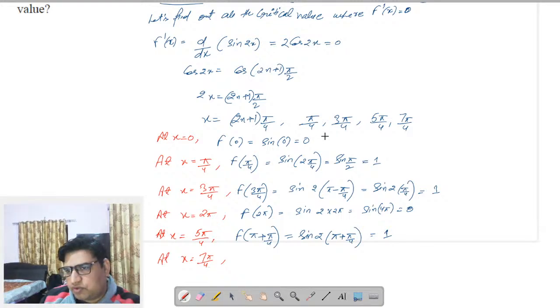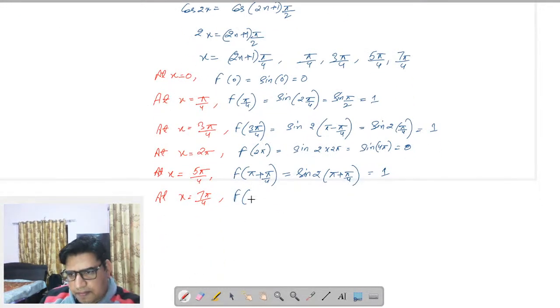Okay, so we have 4 critical points: pi by 4, 3 pi by 4, 5 pi by 4, 7 pi by 4. Okay, and if we try to find out the value of the function at this, so that will be sine of 2 into 2 pi minus pi by 4, and 2 pi minus pi by 4 is how much?